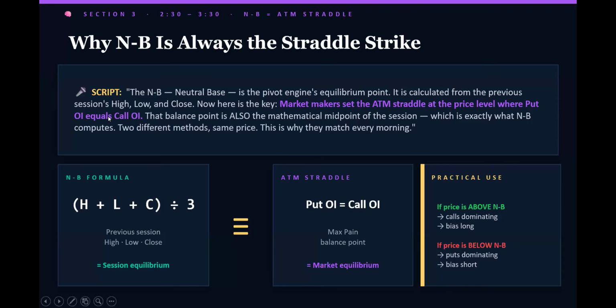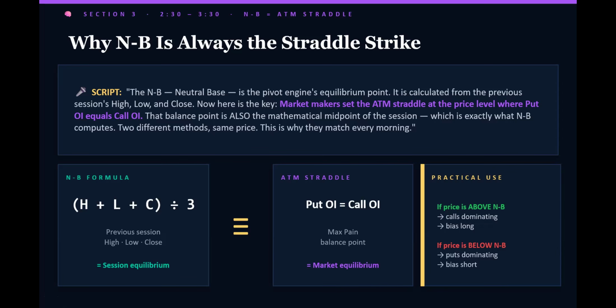What you need to do? Why? The Nalini pivot base is always the straddle strike. That is, the neutral base is the pivot engine's equilibrium point. So it is calculated from the whole lot, from the previous data also.